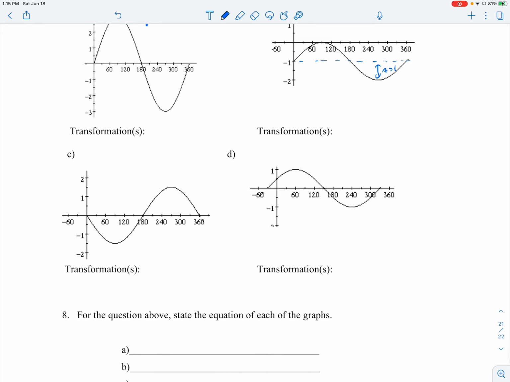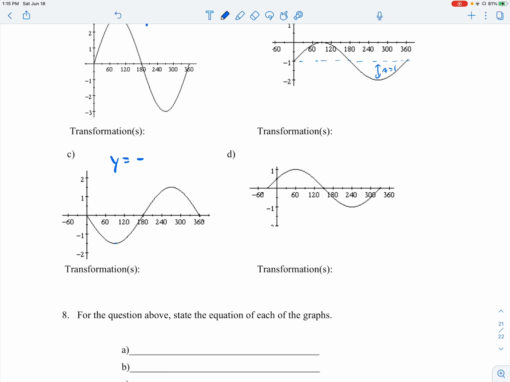Okay, this one here looks like just the amplitude changed because we're now at negative 1.5. Also, sine is supposed to start here and go up and then come down. So either there's been a phase shift or it's been reflected. I like to think of it as a reflection.